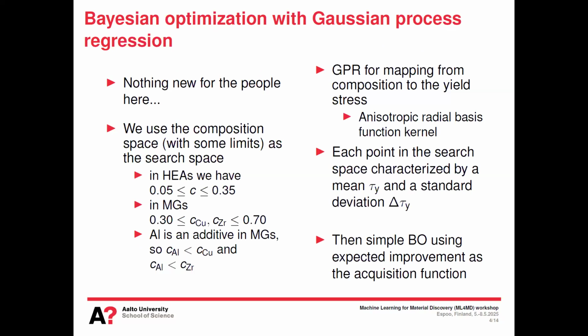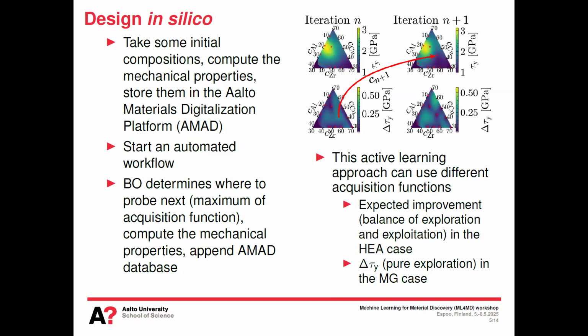Then we can do simple Bayesian optimization using some acquisition function. In one case we use the expected improvement, so to iteratively optimize. So that's the way we do this material design in some sense.